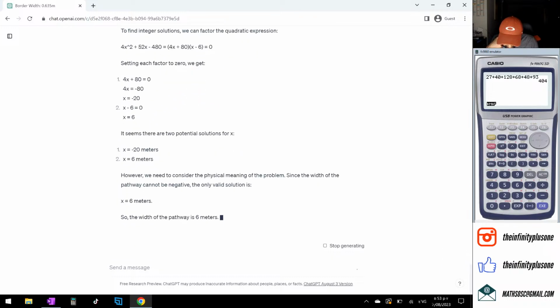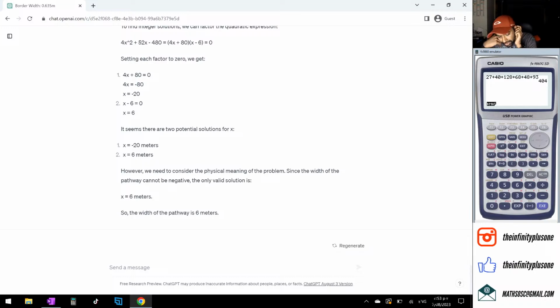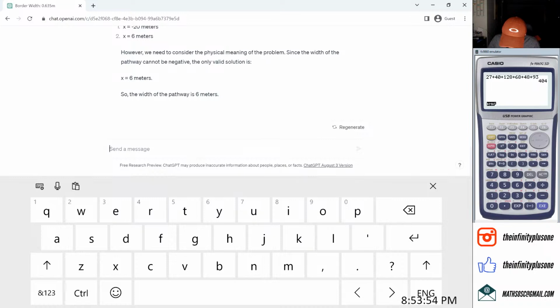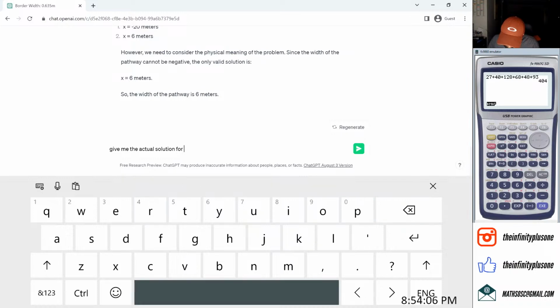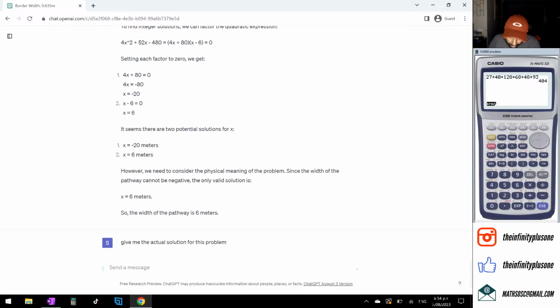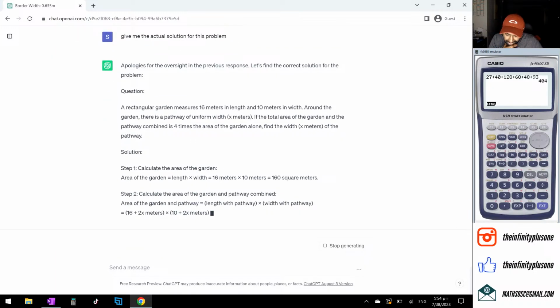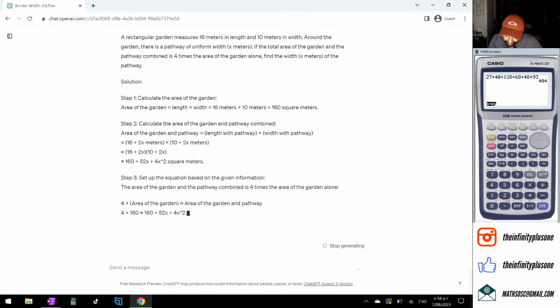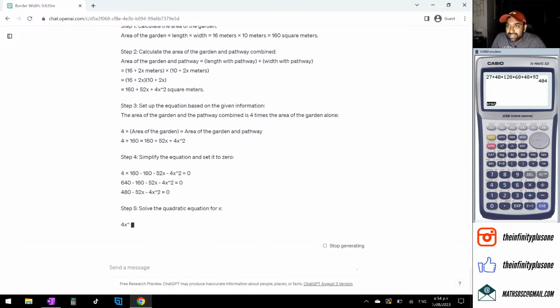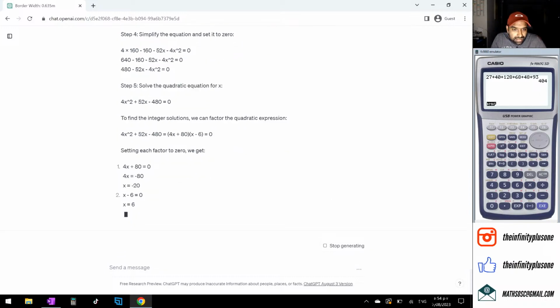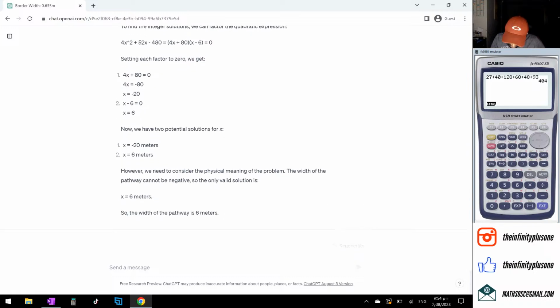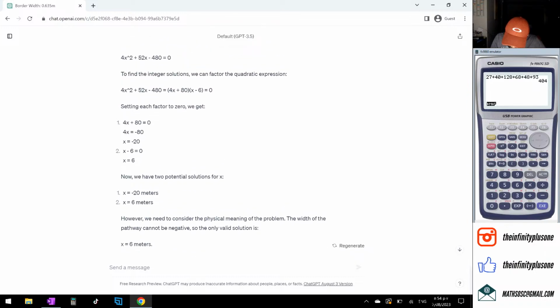Give me the actual solution for this problem. I think I've figured out what the problem is. I think I might have asked the question as, give me the answers in integers, and so it's probably done something silly. So the answer we should get is something like 6.2 and minus 19. But it keeps doing that.